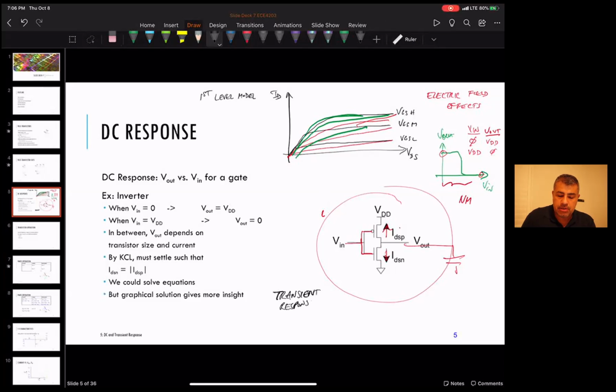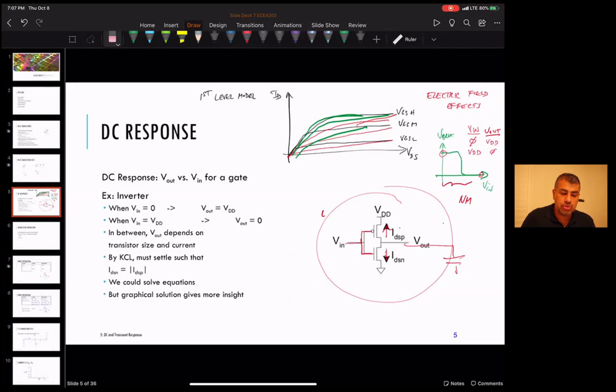That means if you have this inverter, say, and it has a low to high going signal, how fast is the output switching from high to low? And we're basically looking at these drain source currents versus input voltage change to estimate both of those phenomena. Okay, so we're going to look at the DC response first.